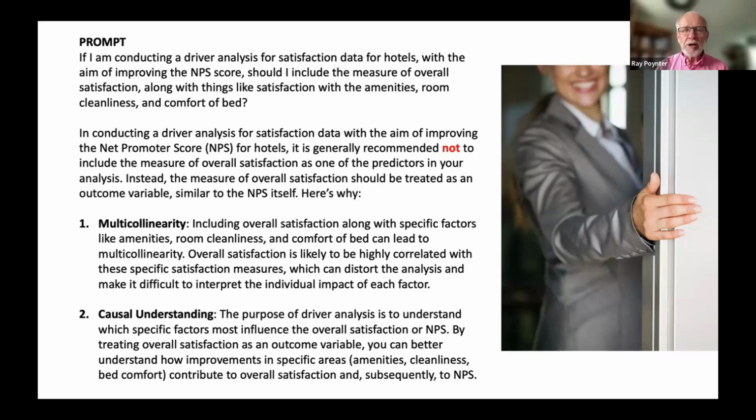It's come back with quite a long answer, but no, we shouldn't, because of multicollinearity and causal understanding. It should have been removed. That would have been fantastic. And maybe if we uploaded custom GPTs and we told it some of our rules in the future, it would highlight that at the beginning rather than me having to ask it, is that a problem?